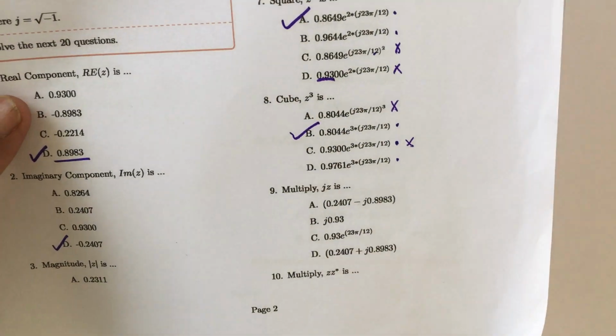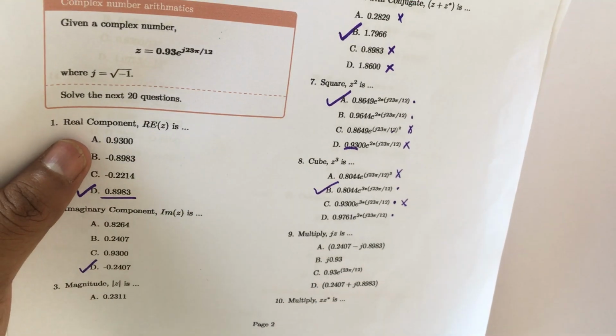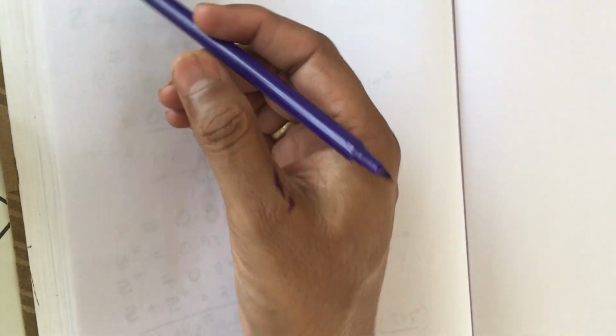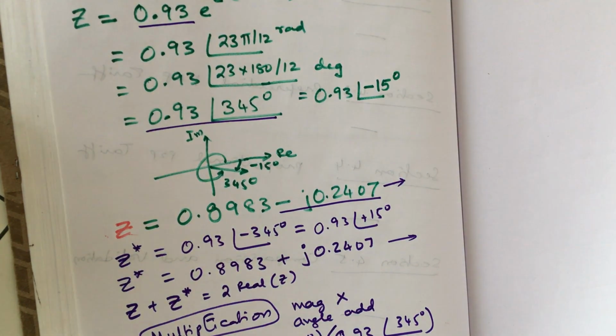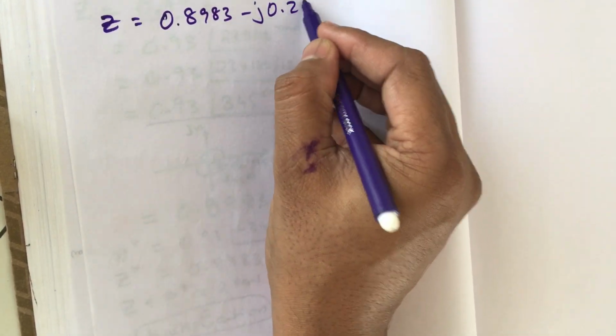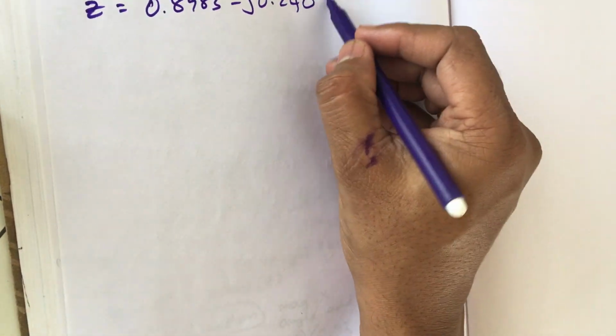Okay. So what happens if you multiply with jZ? So let me write here. Our Z is already known, that is 0.8983 minus j0.2407.